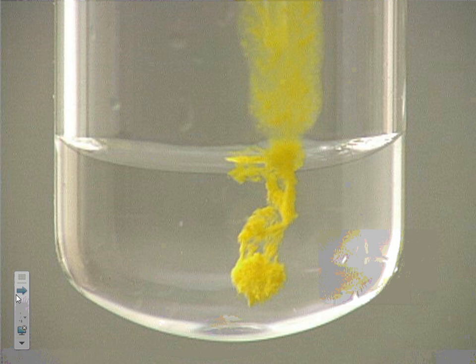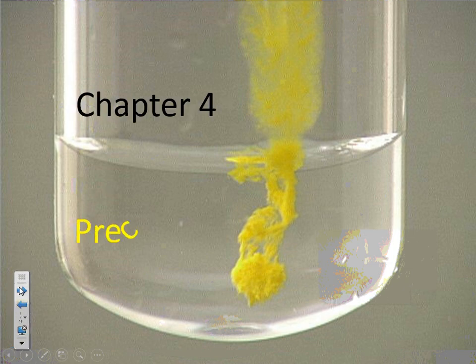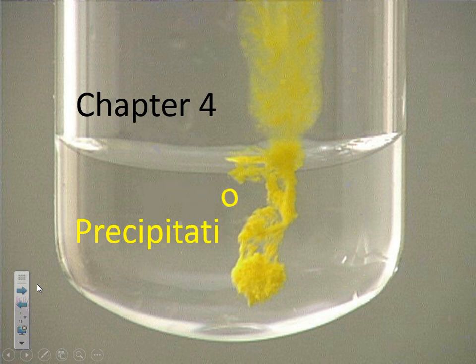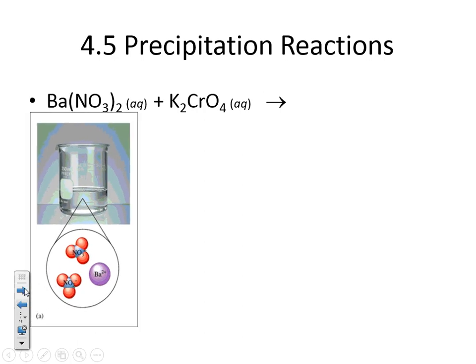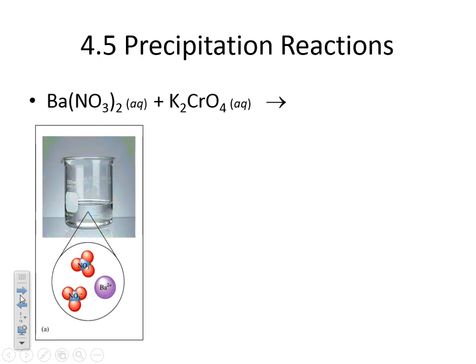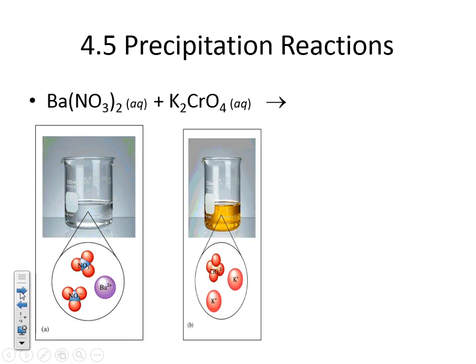Let's look at precipitation reactions and look at the stoichiometry of it. If you could get into the beaker and look really closely, you would see the ions in solution. There's your barium nitrate, and there's your potassium chromate.